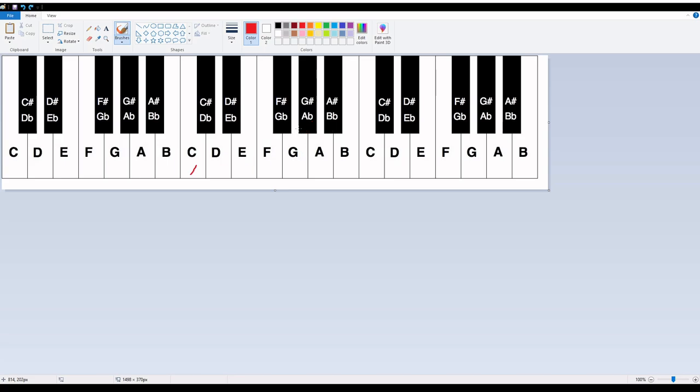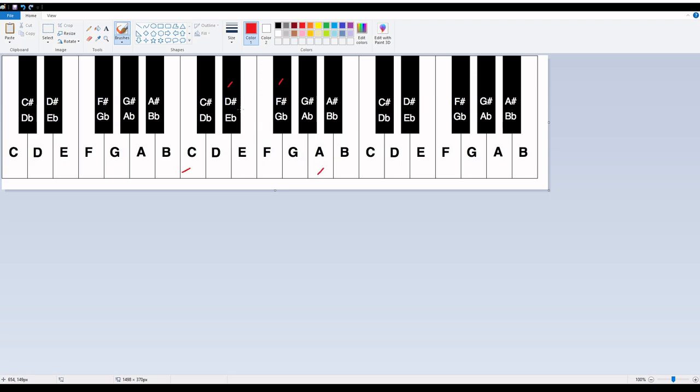And diminished chords work the same. If this is your octave from here to here and you divide it into 4 equal parts, you get the diminished 7th, full diminished. And if I alter any of those tones, I can get the same kind of chord quality. The inversions make it kind of confusing. But let's say we lower any tone.